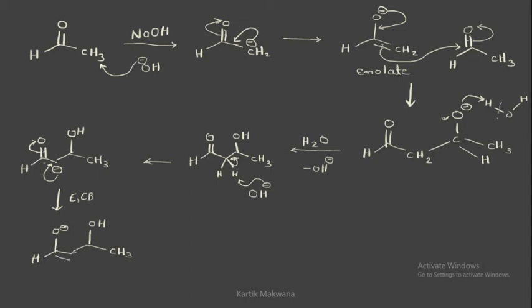Right. Now the minus charge will be delocalized and the pi bond will be reformed and this pi bond will shift here and OH will be removed. Right. So here is the dehydration step actually, because here hydrogen and the OH group will be removed as H2O, so it is called dehydration also, right?